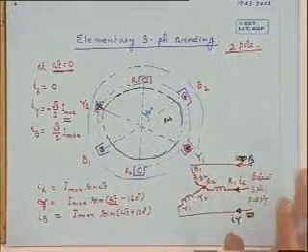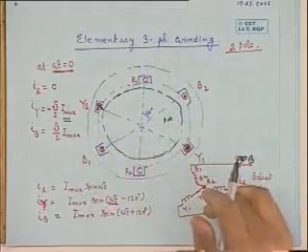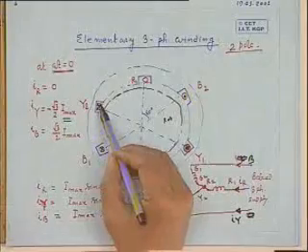Now, what will be the direction of the field? For that I don't do any mathematics. What is the resultant direction of the field at that point of time, in which direction will it be directed? Is it horizontal? Is it vertical?